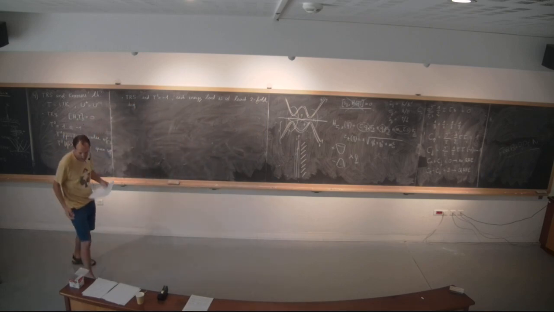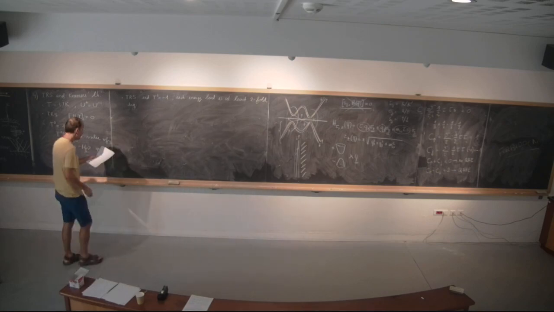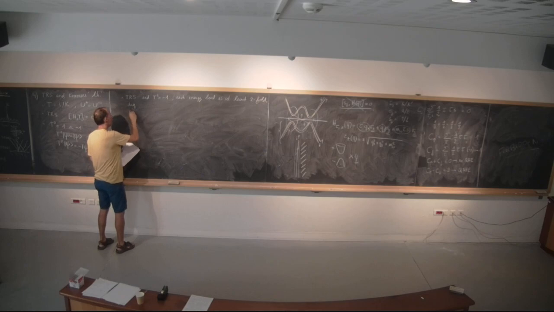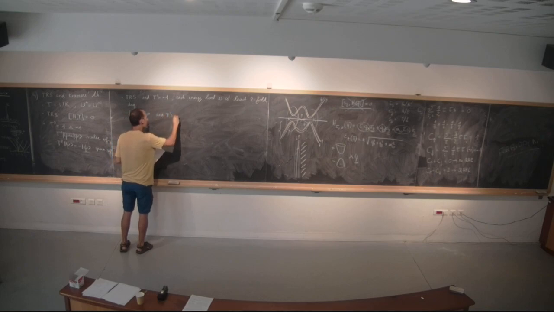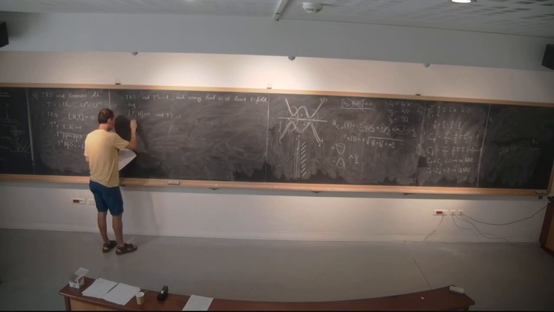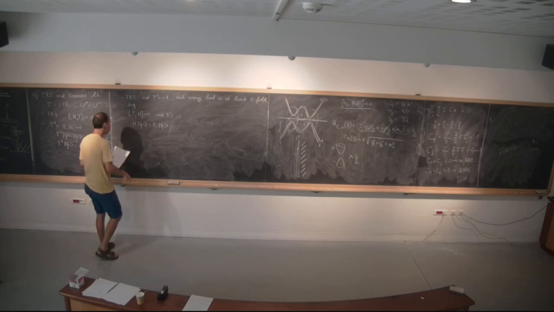So I quickly do the proof because it's very short. So we use time reversal symmetry. The Hamiltonian commutes with t, and t square equals -1. So assume that we have a level, an eigenvector with eigenenergy E, and now we want to apply the t operator.